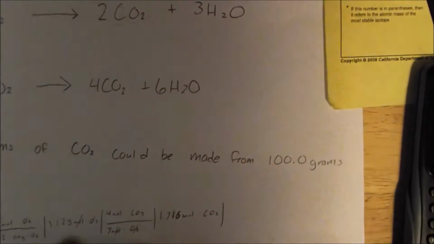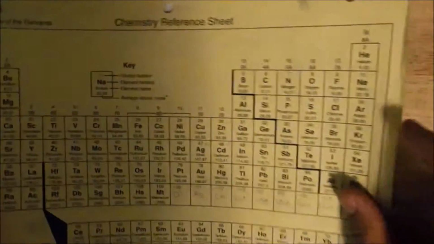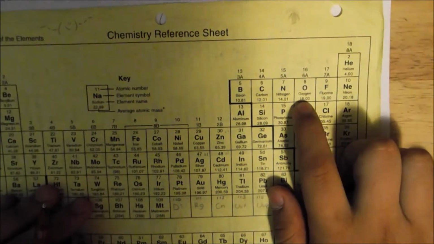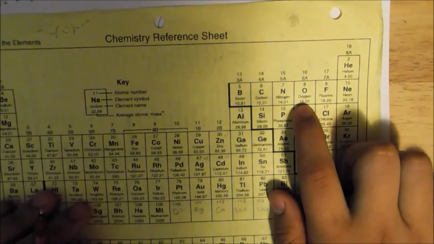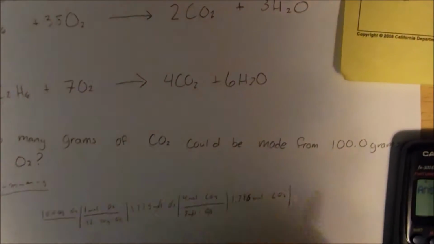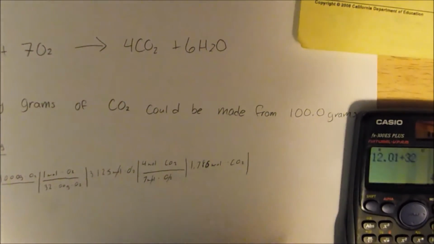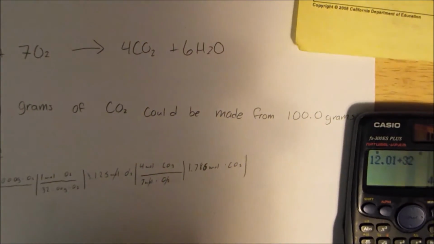From here, we do the same thing we did with oxygen. We need to convert it to grams, we're just doing it backwards. So we need to figure out how much CO2 weighs. If you go on the periodic table again, we know that O2 is 32 AMU. Now we just have to add 12.01 to that. 12.01 plus 32 equals 44.01.